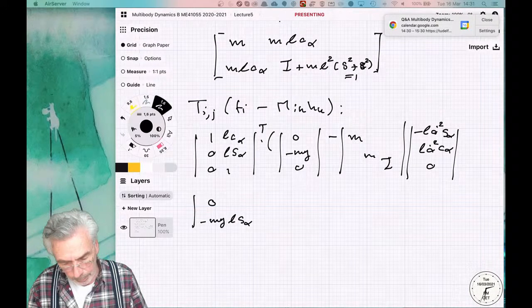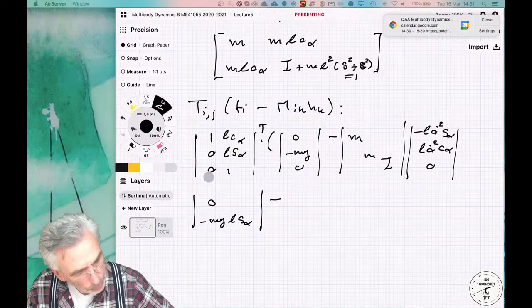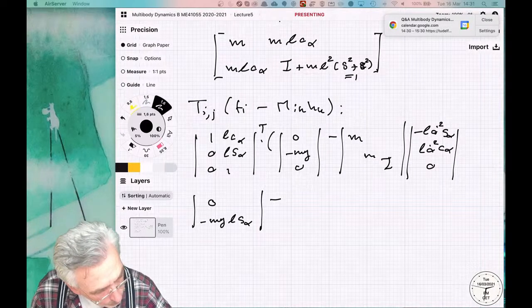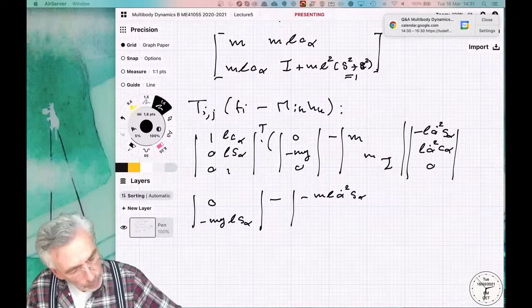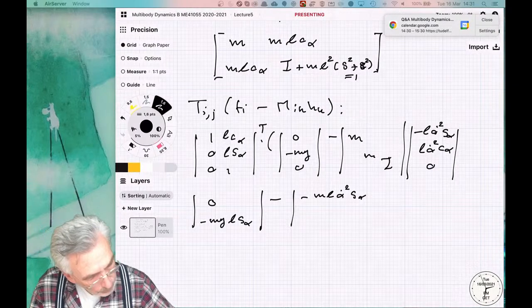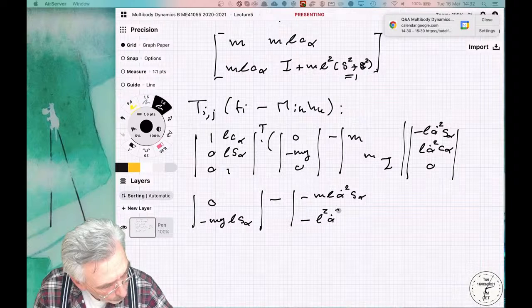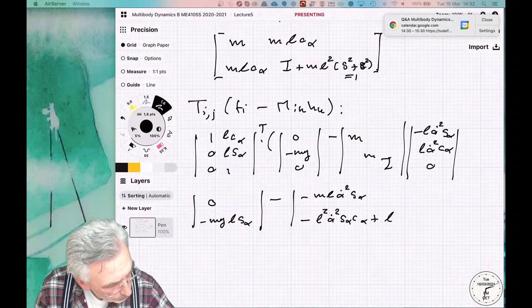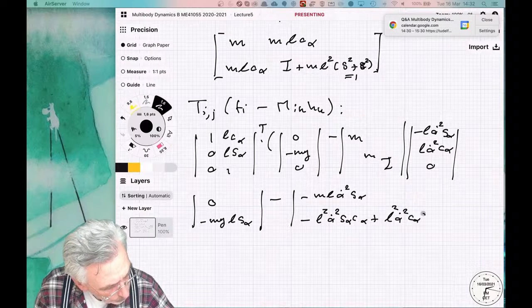Okay, minus, and then this guy times this guy, again of course only a mass multiplication, so we can immediately do these, so that's a 1, 0, 0 times this, so we get minus ml alpha dot squared sine alpha, and then this guy times this guy: minus L squared alpha dot squared sine alpha cosine alpha, and then plus L squared alpha dot squared cosine alpha sine alpha.